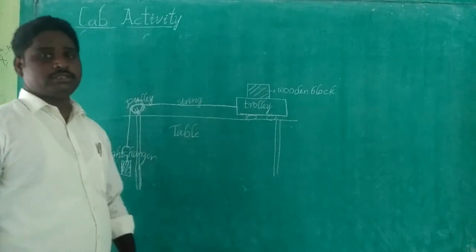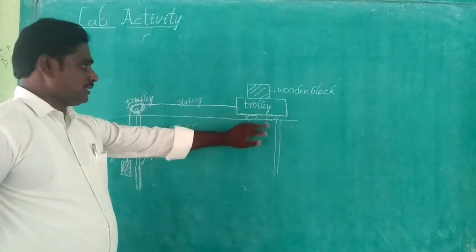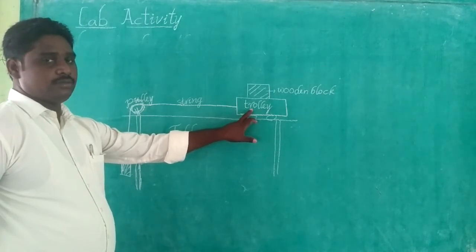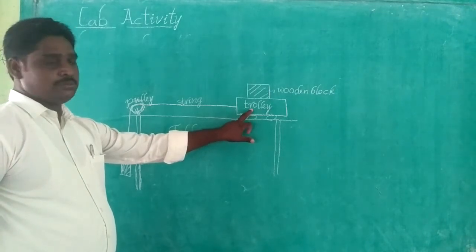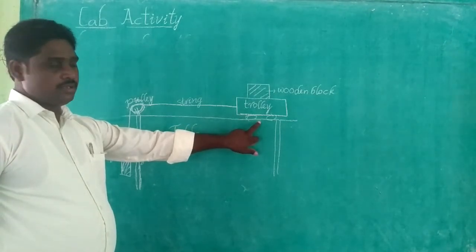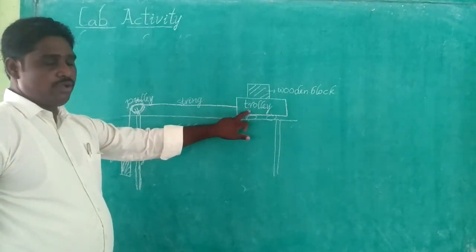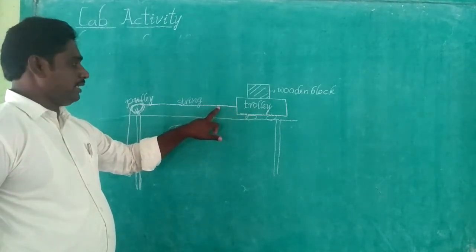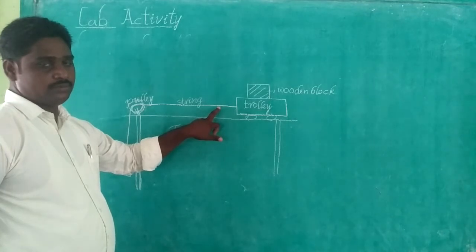Okay, friends, once again, first take a toy trolley. This trolley is put on the surface of the table. Next, this trolley is tied up with an inextensible string.